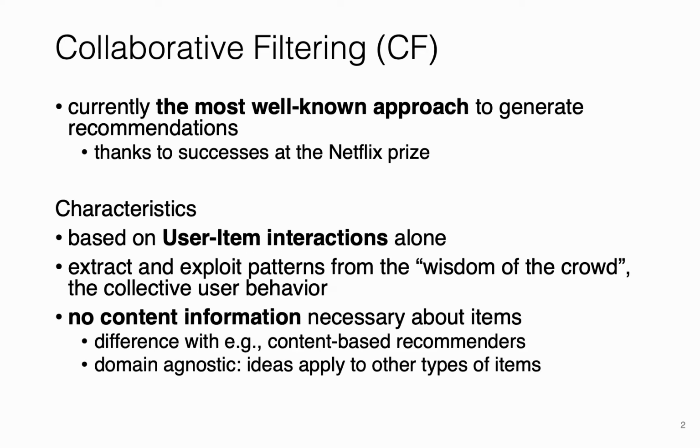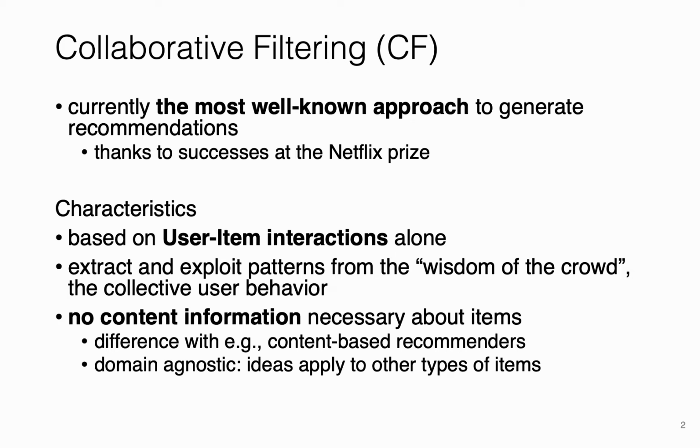A distinguishing feature is that it requires no item content. No content information is necessary about the items. This is, of course, in contrast to the content-based approaches for recommendations. Because no content information is required, we say that collaborative filtering is domain agnostic.